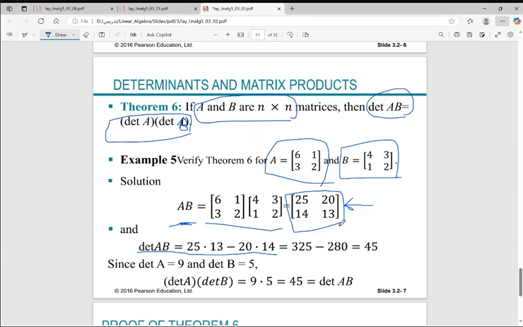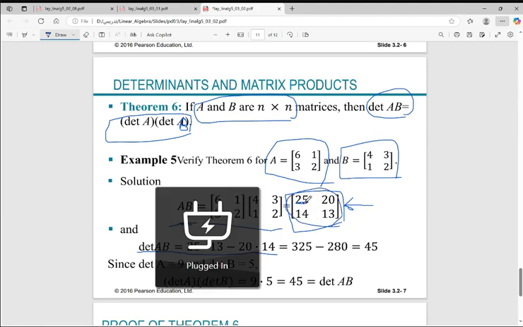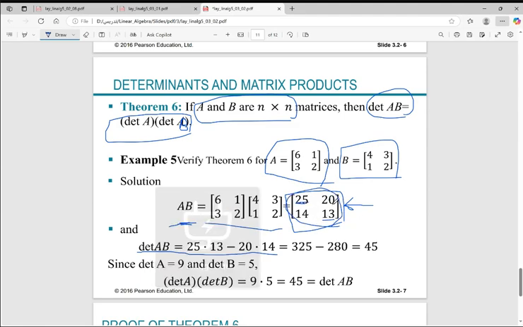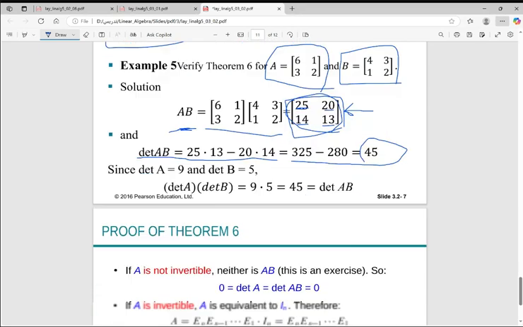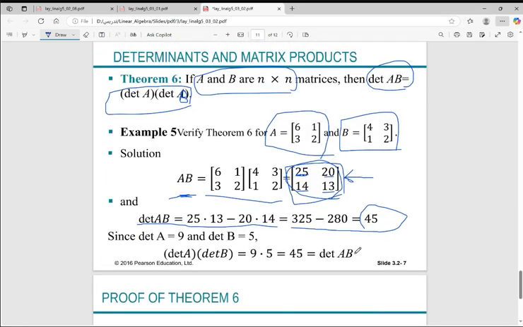So the determinant of this matrix is 25 times 13 minus 20 times 14, and it gives you this result, and in the end, 45. Determinant of AB equals 45, right? Okay, Doctor. Correct. So this is determinant of AB.